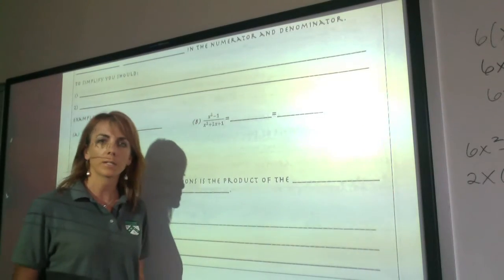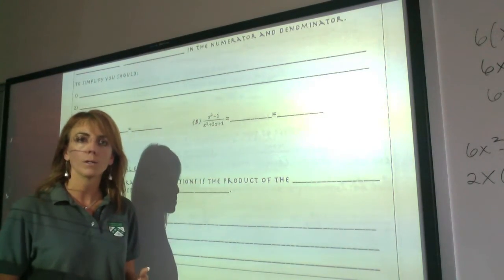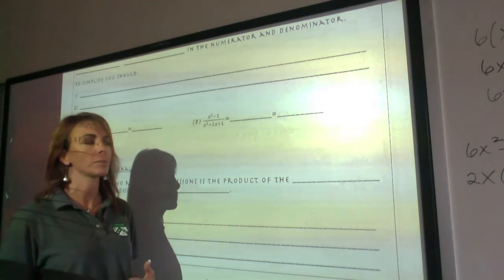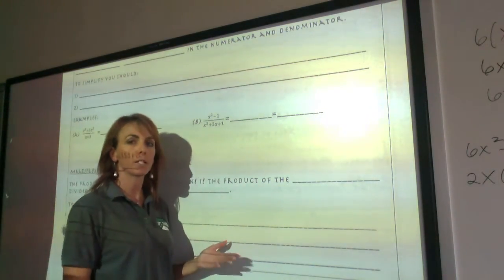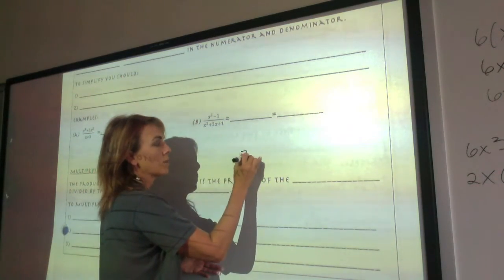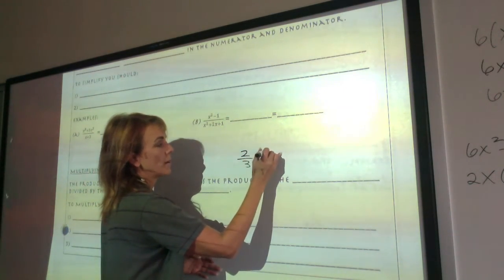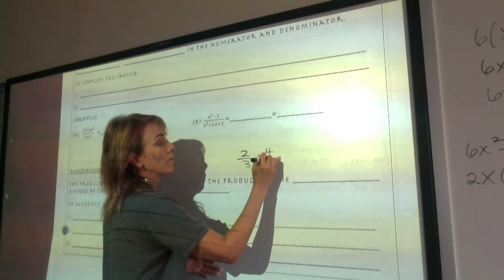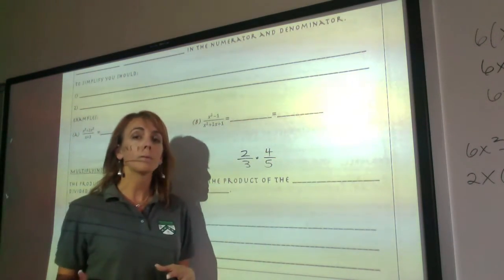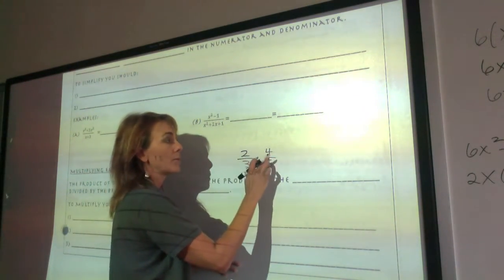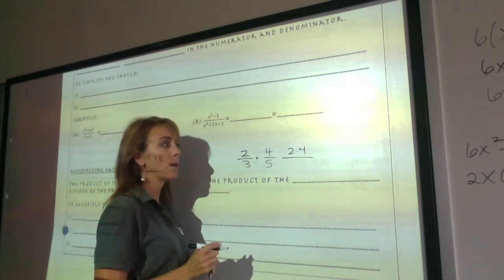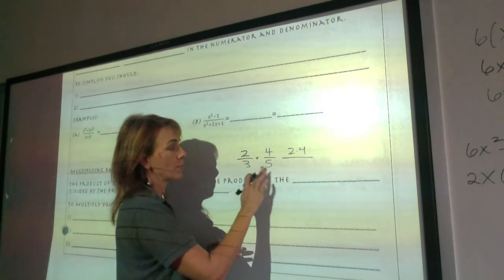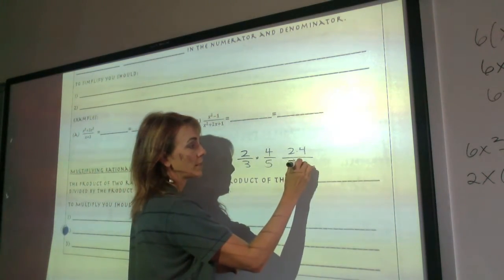Okay, the last thing we're going to do in this video is we're going to talk about multiplying rational expressions. And this isn't too difficult to do. Remember that if I'm multiplying two fractions, like, I don't know, 2/3 multiplied by 4/5, then really what I'm doing here is multiplying the numerators together, or 2 times 4, and then putting that over, or dividing by, the product of the denominators, 3 times 5.